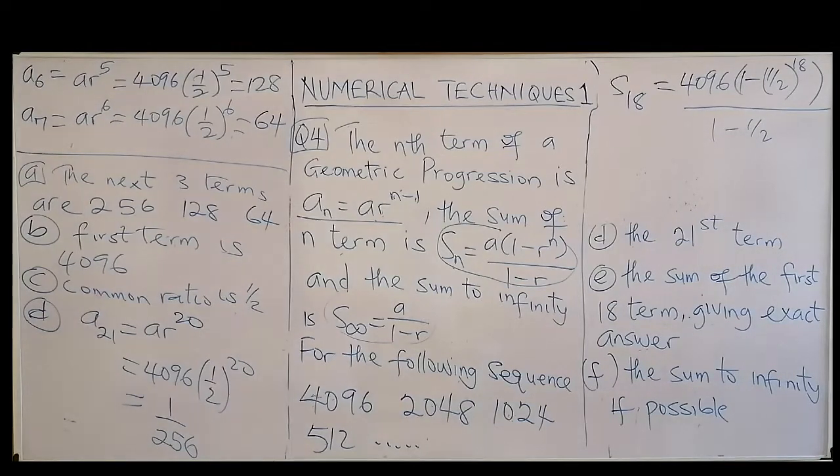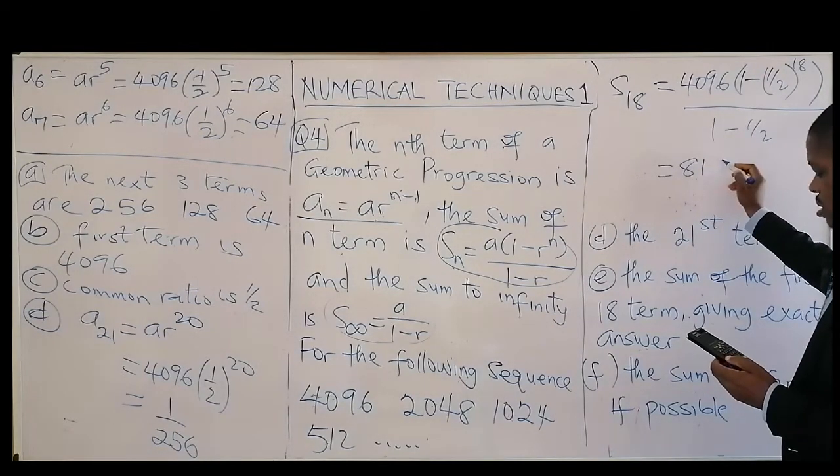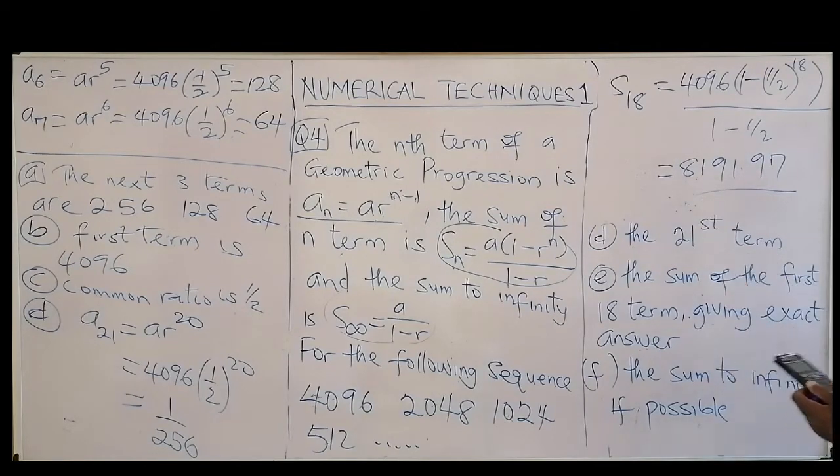Just put this in the calculator and get the value. That's equal to 8191.97. So that's the sum of the first 18 terms.